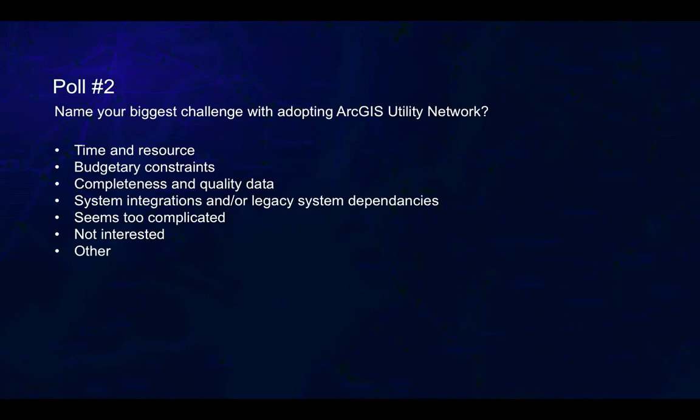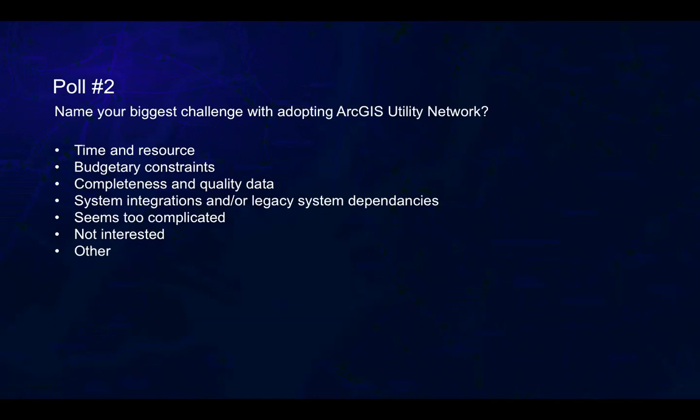All right, the results are in, and the majority of folks have said, well, it's a tie actually, between budgetary constraints and system integrations or legacy system dependencies. This is actually a good revelation, because it means that it's not so much your time and resources in terms of folks on the team to help with the onboarding of such a network, and it's not necessarily challenges with the data.